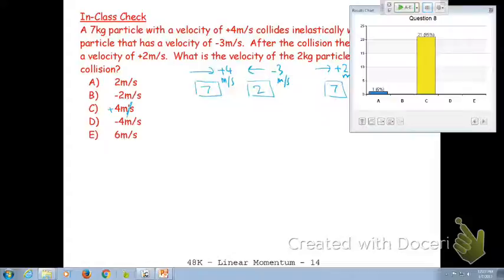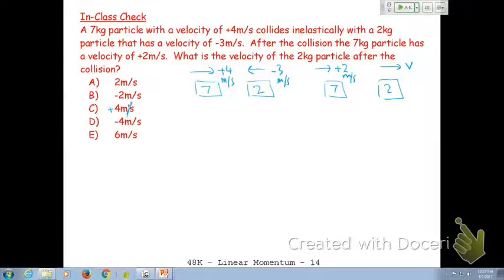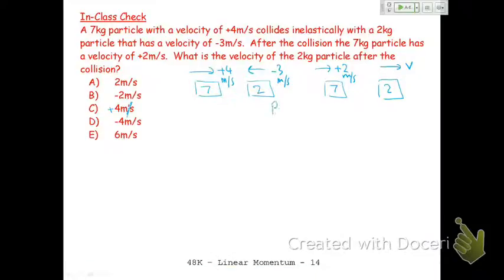Mainly C. Let's have a look at this. So my principle, let's step through this. P initial equals P final. So M1 V1 initial plus M2 V2 initial is equal to M1 V1 final plus M2 V2 final.